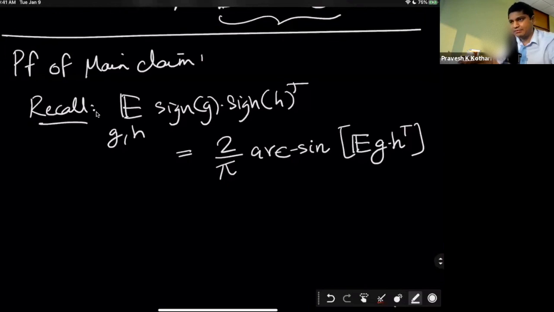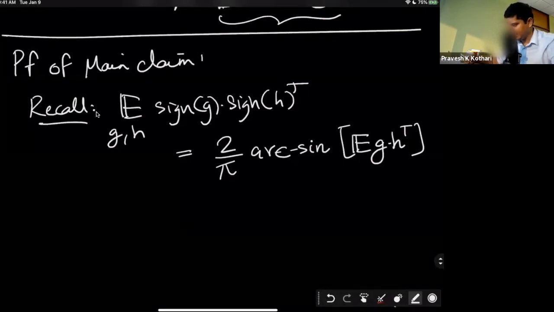So it's the same thing that we did earlier. The correlation between these sign rounded vectors is given by 2 over pi times arc sine applied entry-wise to the Gaussian correlations. So this is what we remember.